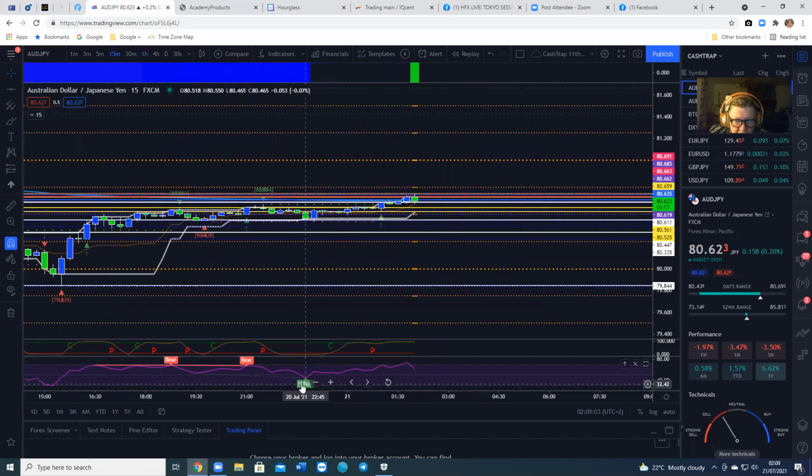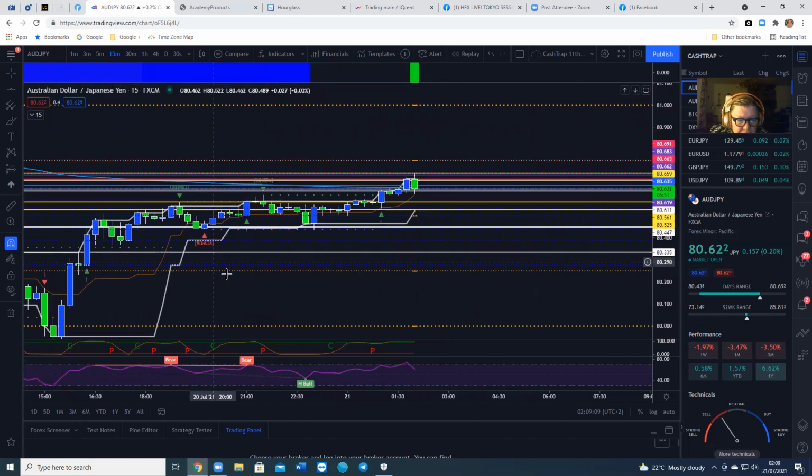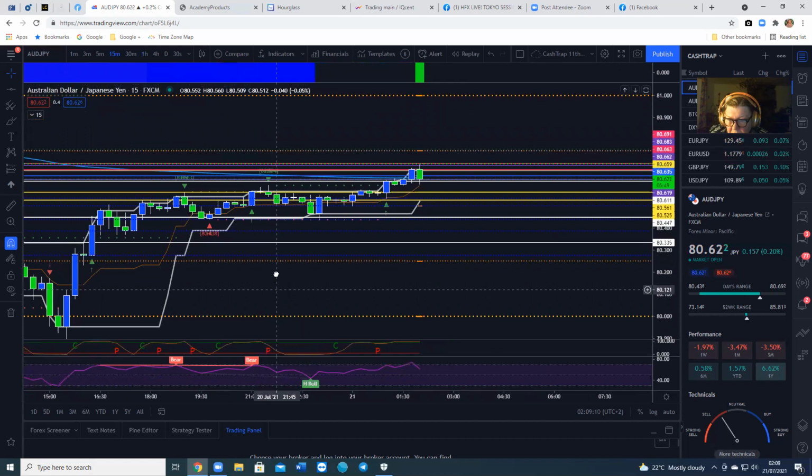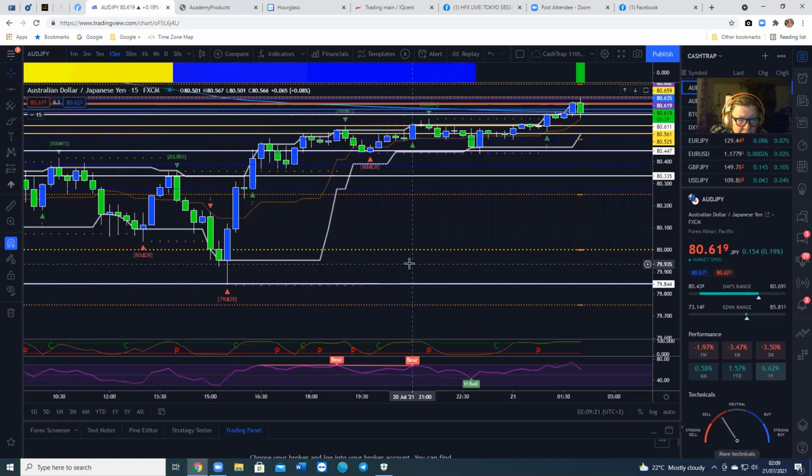You can see here it's switched to say hidden bull, meaning directional trend is up. That actually went down to 79841 there, failed to meet that next level.